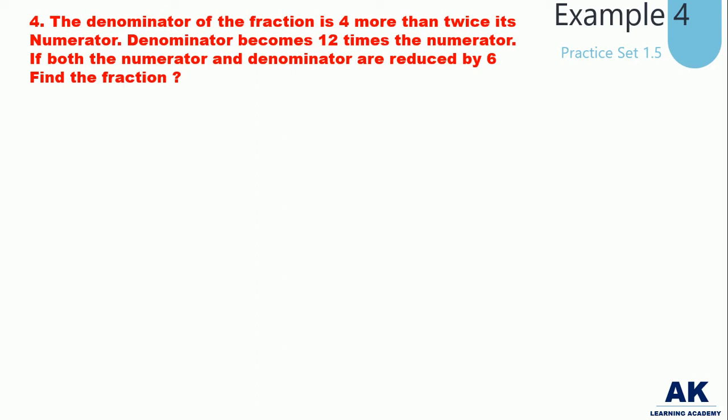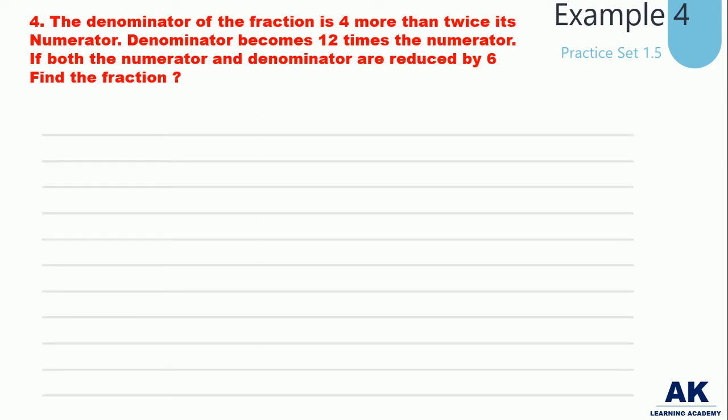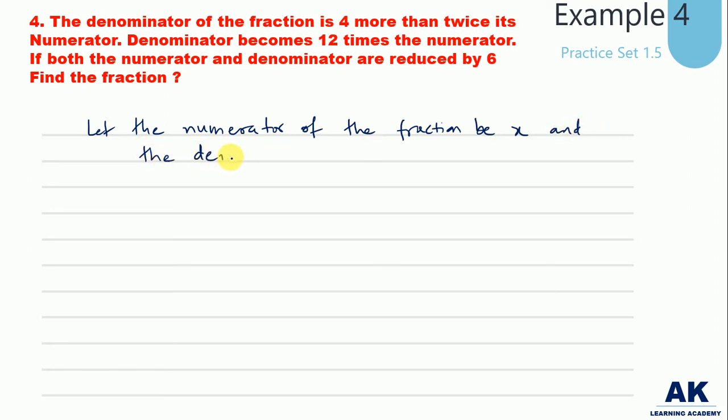Denominator becomes 12 times the numerator if both the numerator and denominator are reduced by 6. Find the fraction. Let the numerator of the fraction be x and the denominator be y.